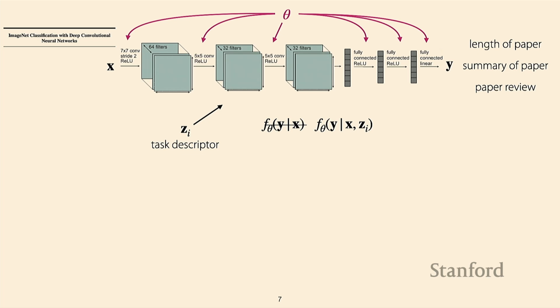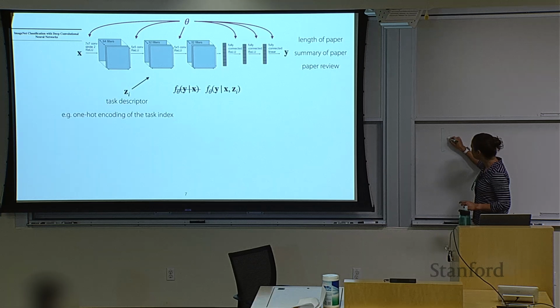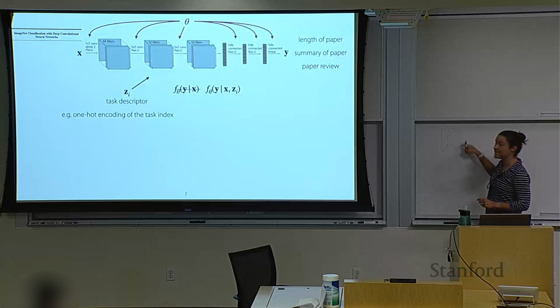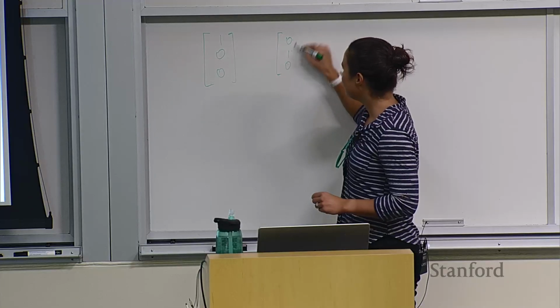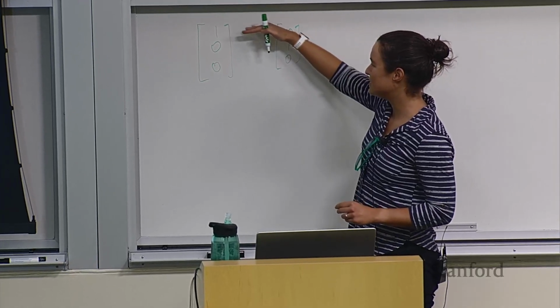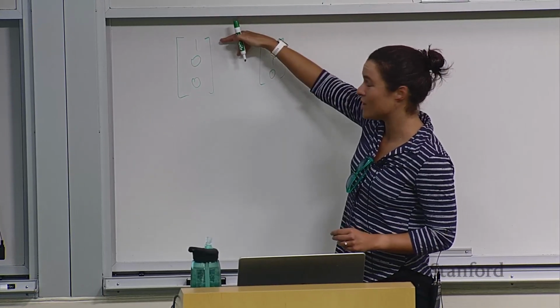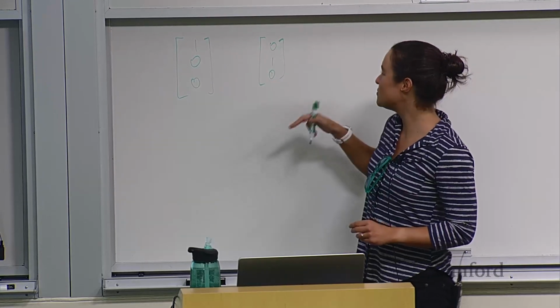The task descriptor in this case could be a few different things. The first thing is it could just be a one-hot encoding of the task index. A one-hot vector is something where we're encoding an integer in vector form, where, for example, the integer 1 will be denoted with a 1 in the first position and 0 in the other two.